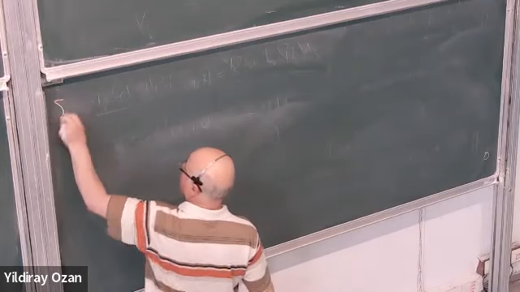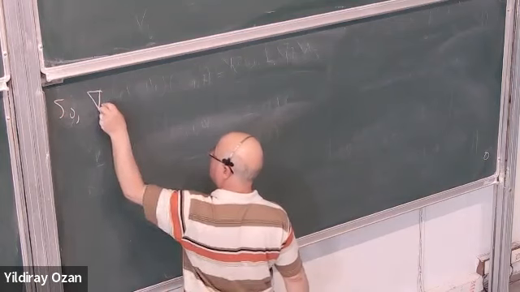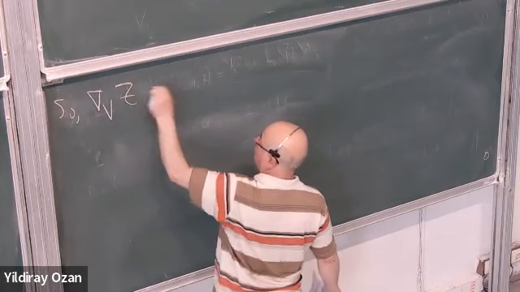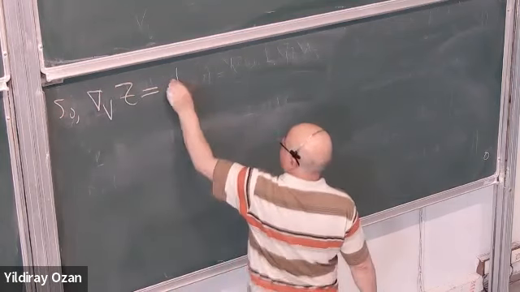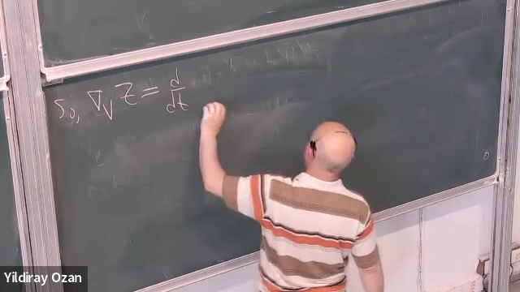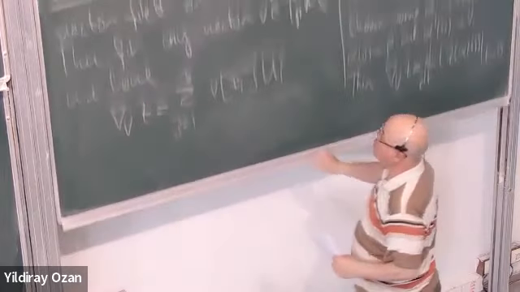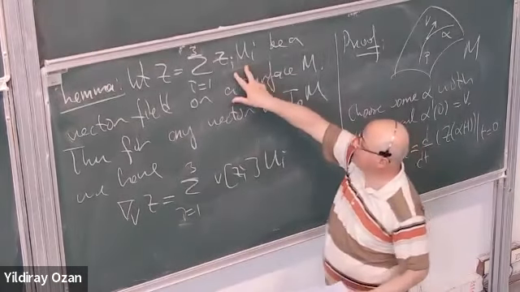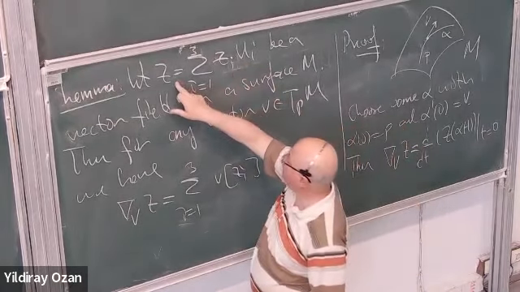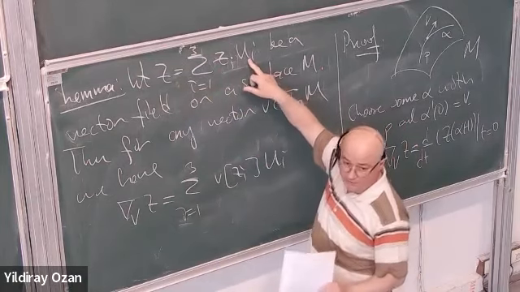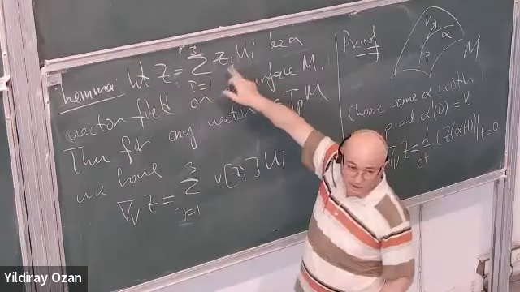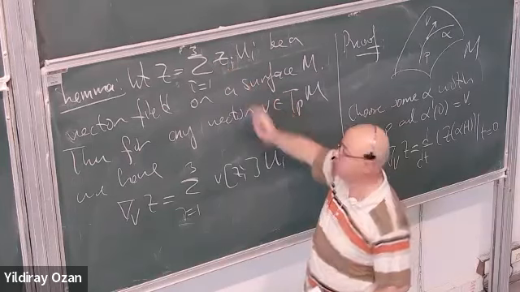Okay, so d/dt of Z of alpha. Z is this. Inside this, I put alpha(t). This is a constant vector field. Alpha(t) just goes inside this coefficient function.